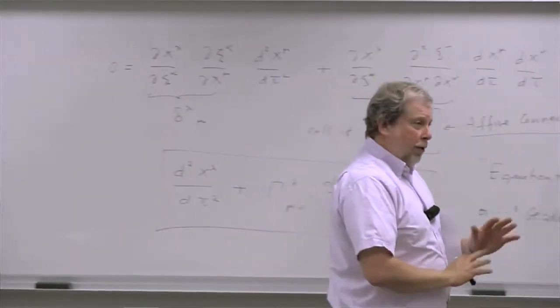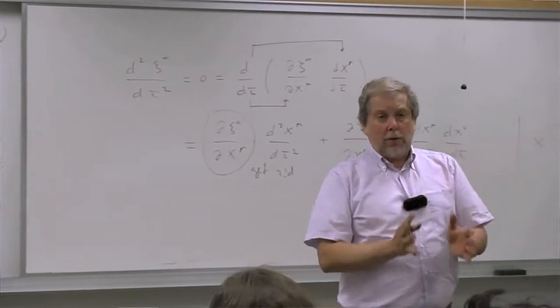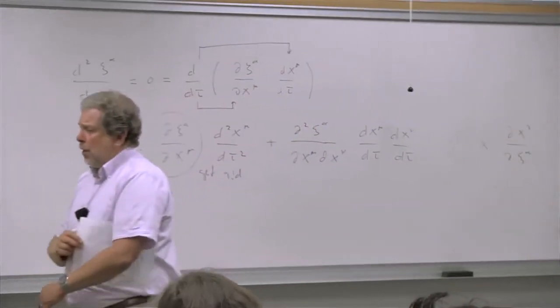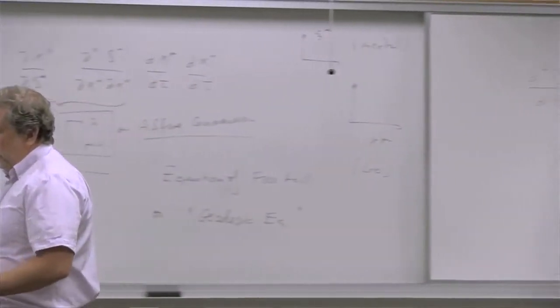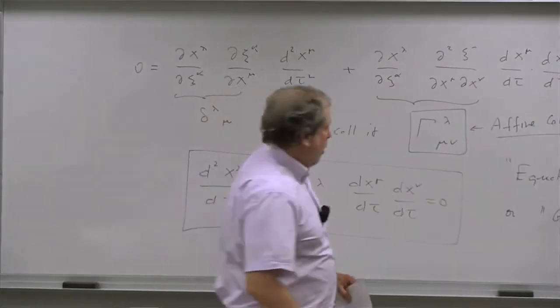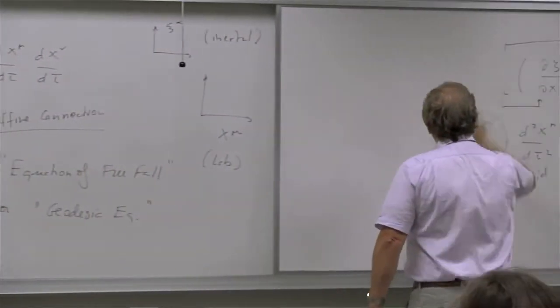The first coordinate, the psi, is special, a very special set of coordinates attached to the freely falling body, and the x is general. So what we would like to be able to do is to somehow write down the equations in terms of something that does not involve psi.